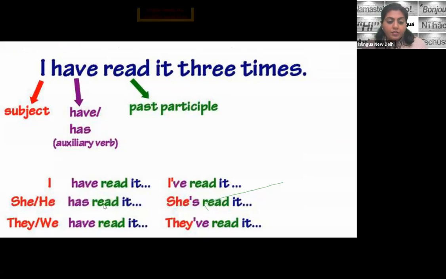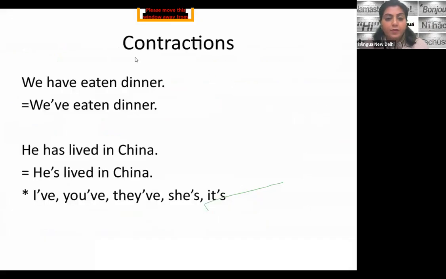Now, if you notice, she has becomes she's. She's read it. We combine she and has and we make it into a short form or a contraction. They plus have, they've read it. I plus have, I've read it. Okay. Contractions. We have eaten dinner becomes we've eaten dinner.